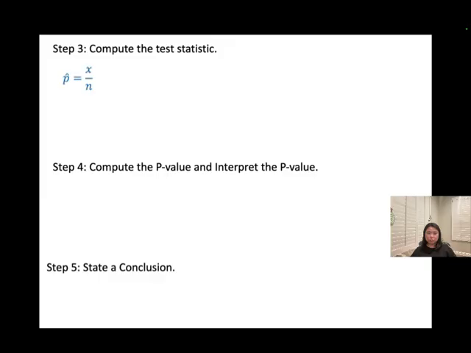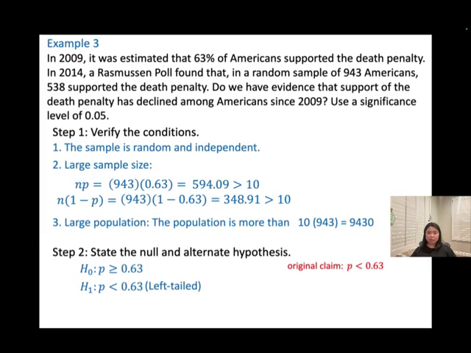Okay, find the test statistic. Before that, we need to figure out the sample proportion. So you find X, that will be 538, because 538 support the death penalty, which is our claim statement here. So this is the number of successes.